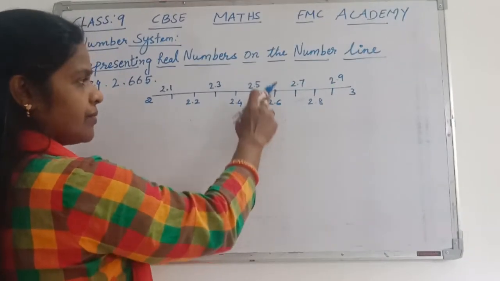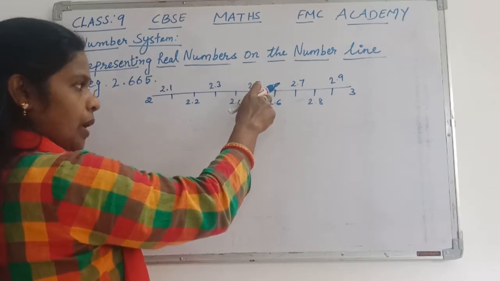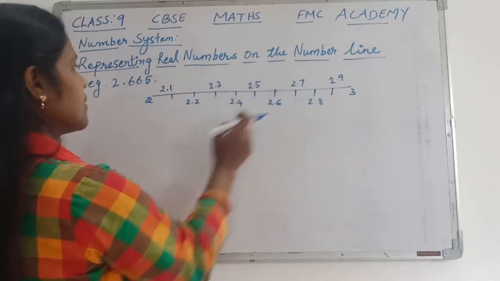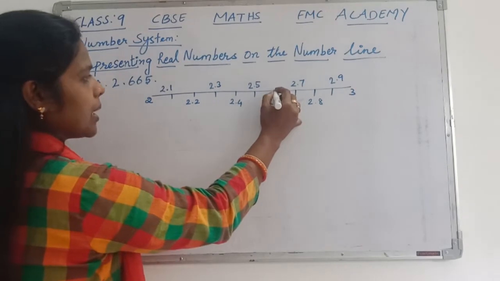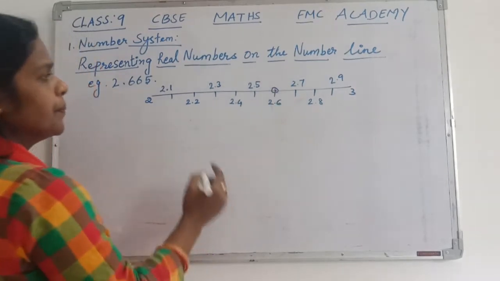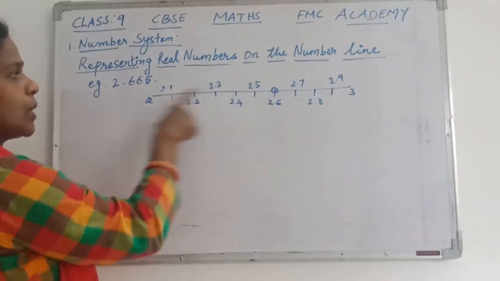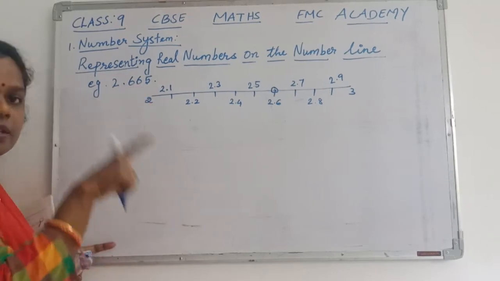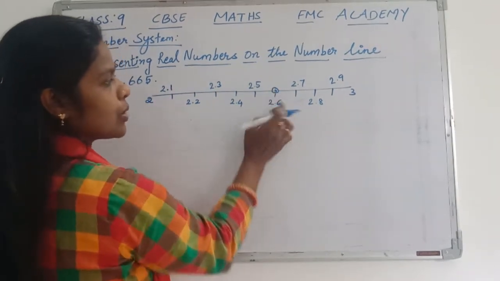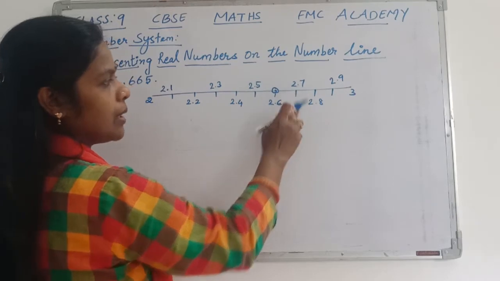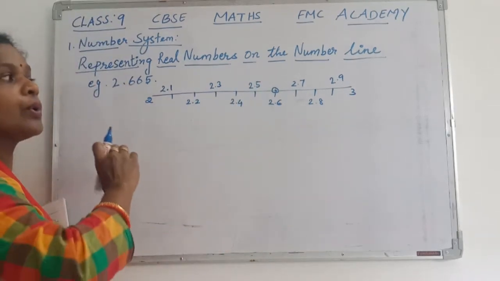So now where you get 2.6, and then the next number 2.7, because you know that your number is over here, right? 2.6 only is here, but you want 2.66. So for that, what are you going to do? After 2.6, you take the next two numbers and magnify that.